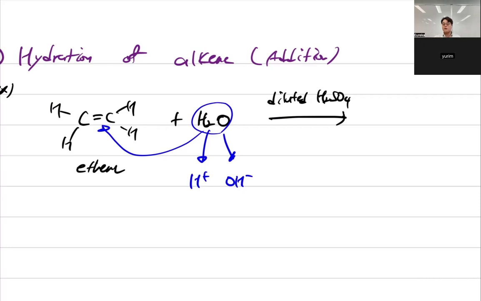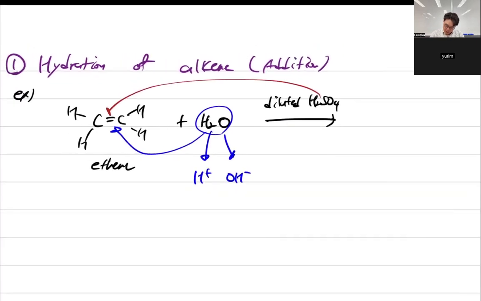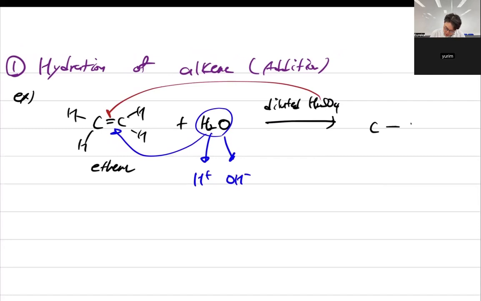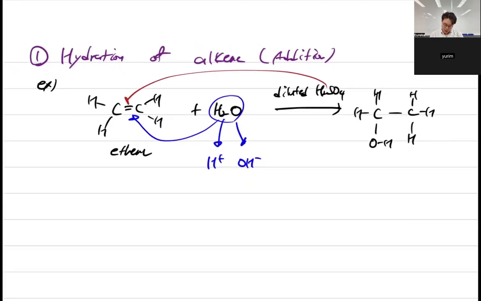With the help of the sulfuric acid, working as a catalyst, it directly opens up the double bonds of the alkenes. Therefore, the water can be attached or simply added to form this structure of the alcohol, which is known as ethanol, produced like this. Okay, that's the first reaction, hydration.